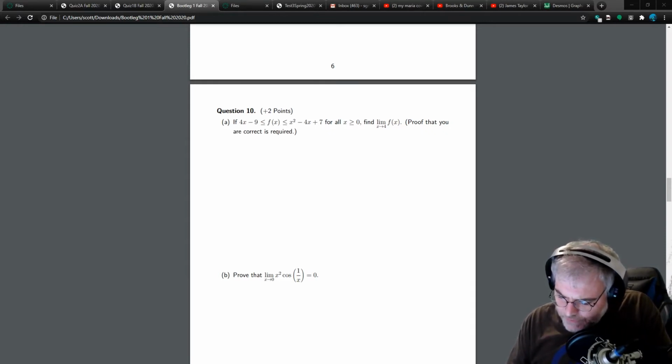One, show for all x near a that the limit as x goes to a of top of x equals the limit as x goes to a of bot of x.